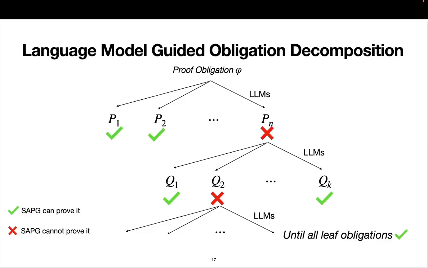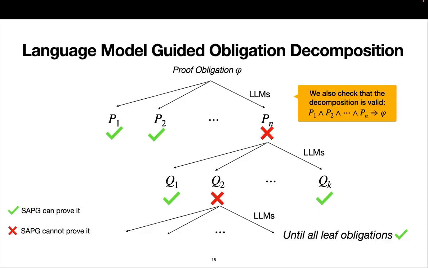At each level of this LLM-generated decomposition, we also check that the decomposition itself is valid. Specifically, we verify with TLAPS that the subclaims P1, P2, and so on, all together actually imply the parent obligation phi.